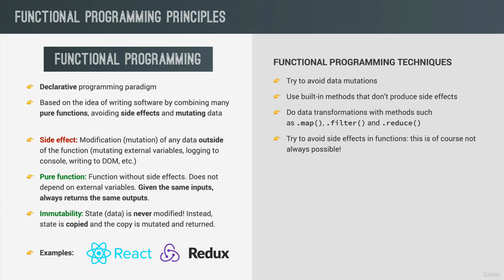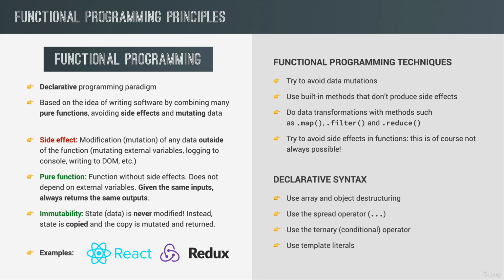And now to finish, let's come back to declarative syntax, because functional programming is only a part of using and writing declarative code. In order to write code that is more declarative, you should use array and object destructuring whenever that's possible. You should also use the spread operator, the ternary operator, and also template literals whenever that is possible.